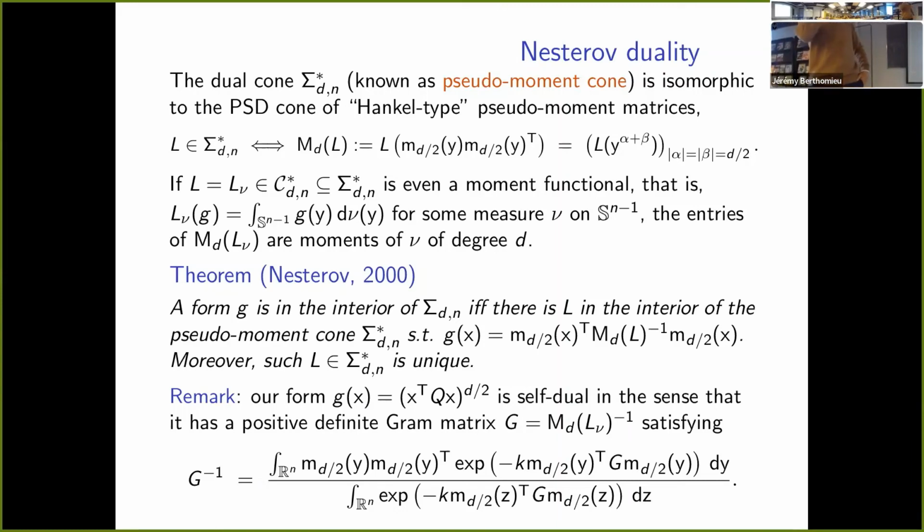This SOS cone is some projection of a cone of PSD matrices. Yes. And then the dual cone, so everything. Yeah, exactly, the terminology makes sense. Maybe you make sure that the projection is nice. Yeah, exactly. And does it work in this setting? I don't know. I know that it works when the class of functions you deal with is a span of products of monomials. But we can talk later.